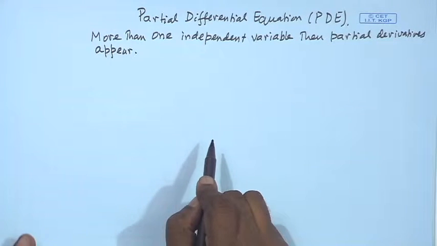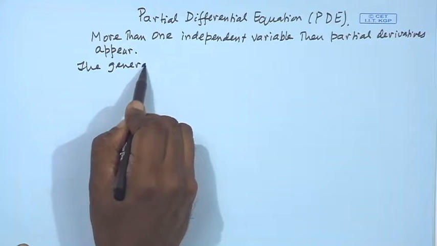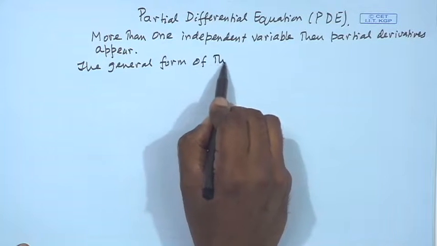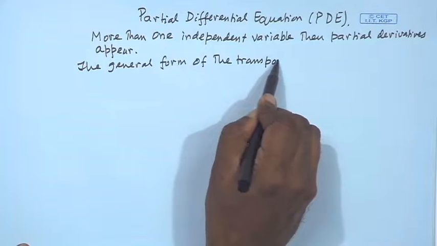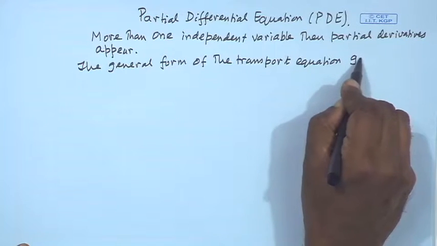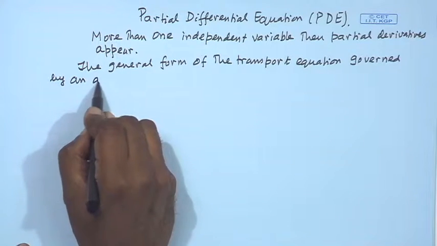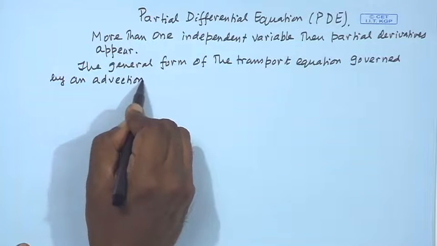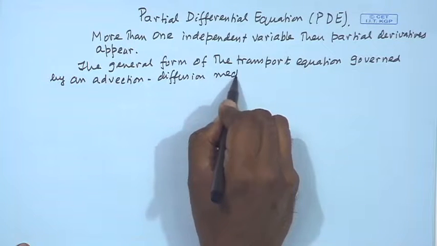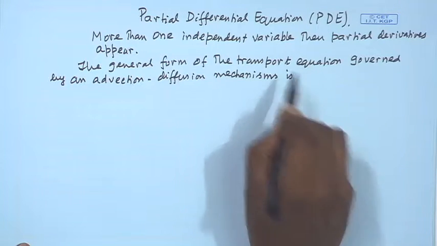Say we have already come across the transport equation, the general form of the transport equation governed by an advection diffusion mechanism, which is of this form.